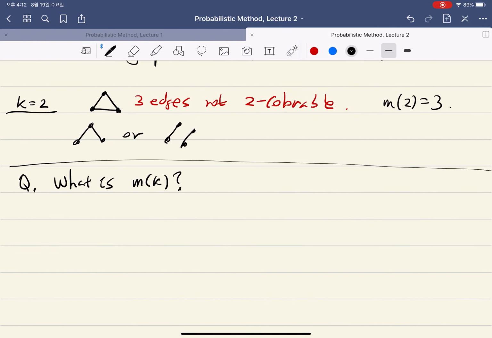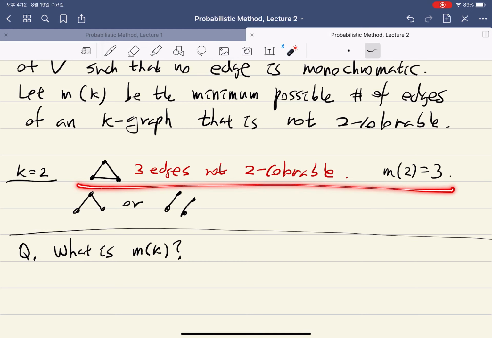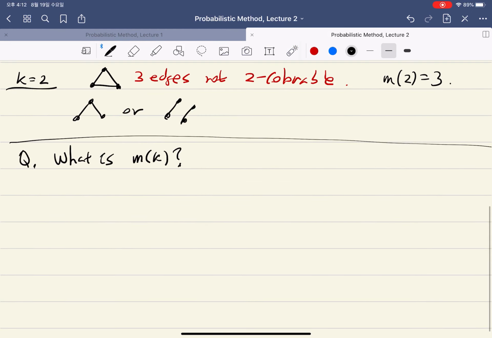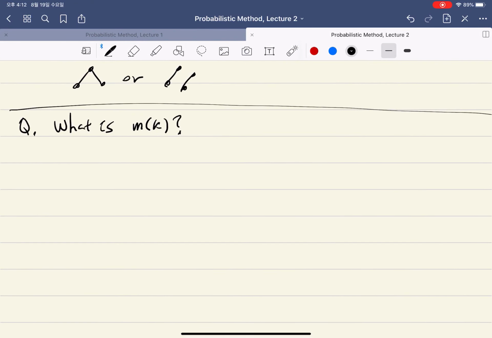One of the easy ways of finding an example. So here we find the upper bound. By presenting one example, we get an upper bound. And by generalizing this example, what we can consider is a complete k-uniform hypergraph on 2k minus 1 vertices.